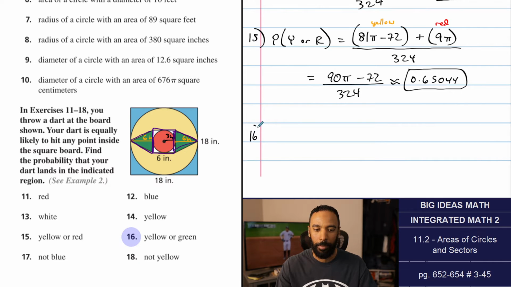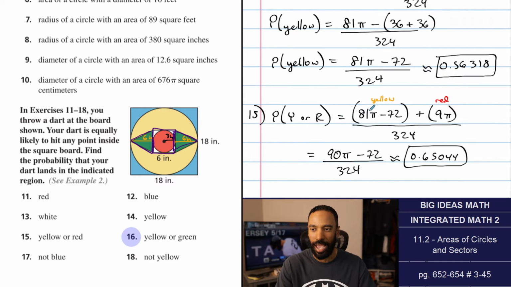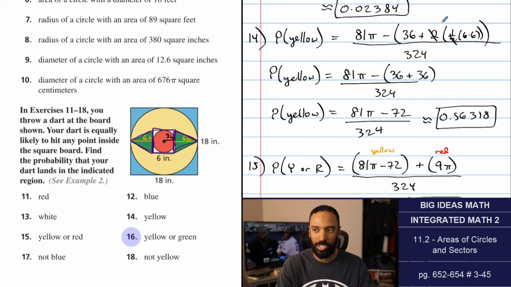All right. Probability number 16, probability of yellow or green. Now, remember the yellow, this is going to be kind of strange. I can do this one of two ways, but the yellow that I did, 81 pi minus 72, included the greens. Remember, this 36 was the 2 green areas here. So why don't we just take out that taking out?